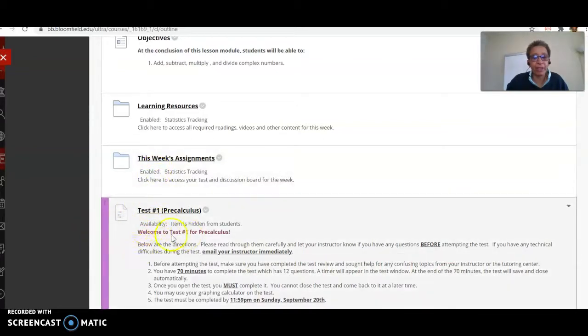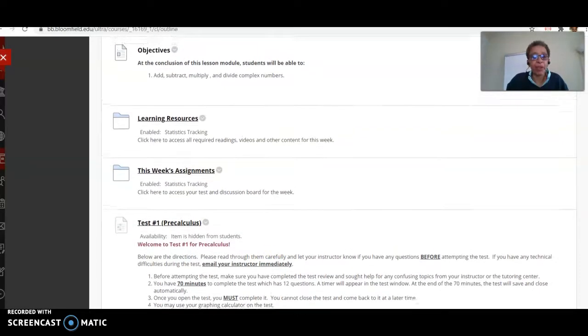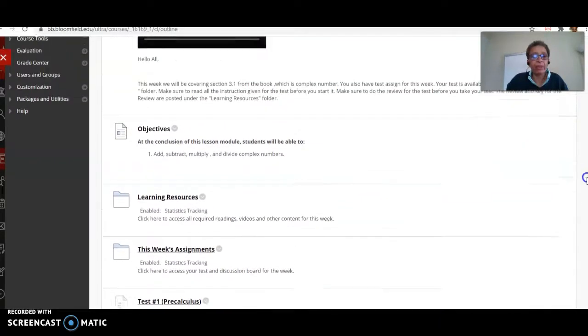This is the test, right? It tells you how many minutes you have to take it, and the test must be completed by Sunday the 20th, right? So you have a week to take this exam, and you have 70 minutes to take it once you begin. All right, so it's right there, right under this week's assignments. That's where you take the test.